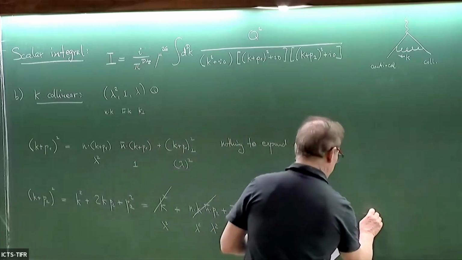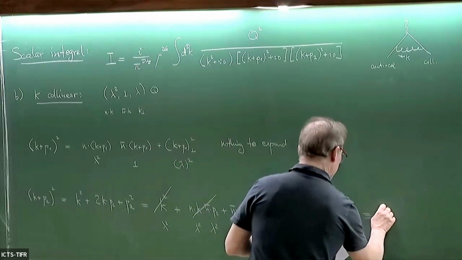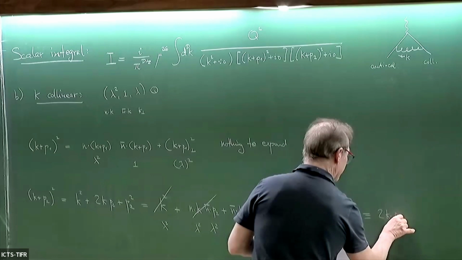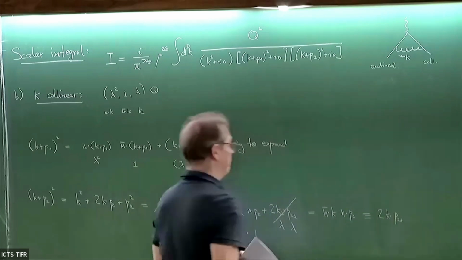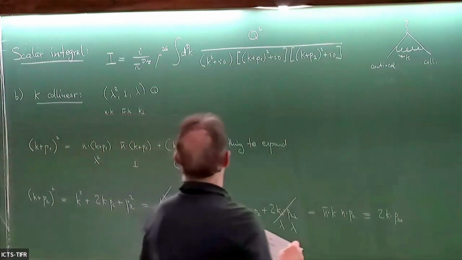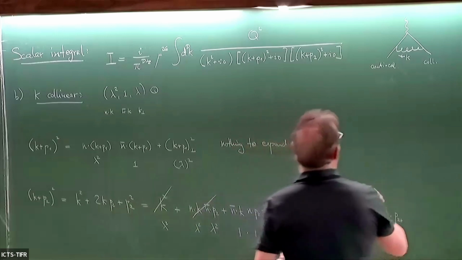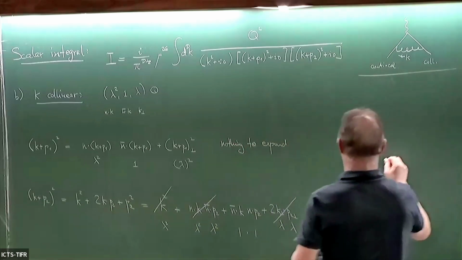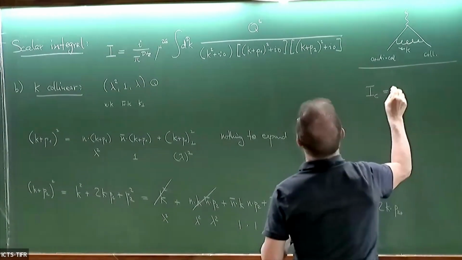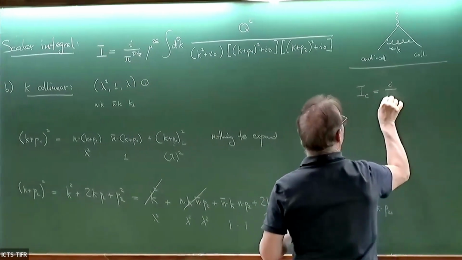And if you wish, using the notation we had earlier, you can write this as 2k dot p2 plus. So you see, we get a new integral now in the collinear region, which is now this prefactor.